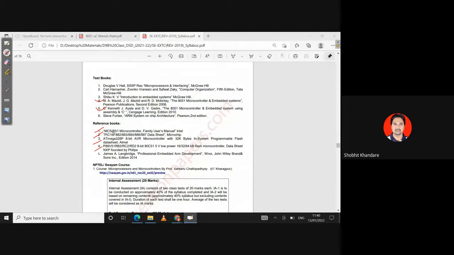These books are available in the library, but you can directly Google search and you will have ready-made material available. From the 6th module hardly very few questions will be asked, but for better understanding, go with the Google search and you will be able to see this particular interfacing.